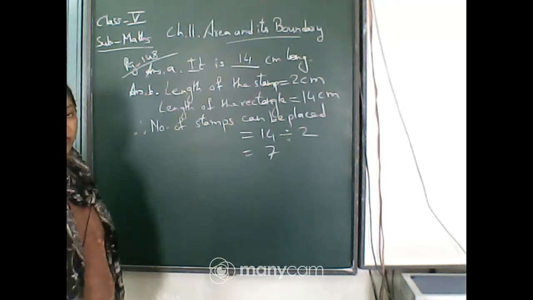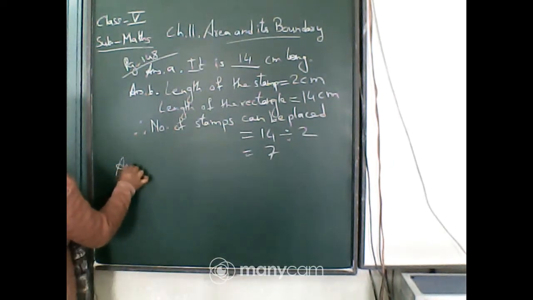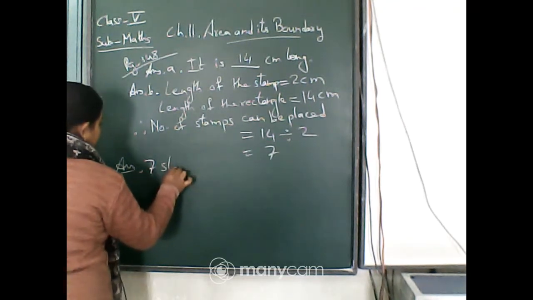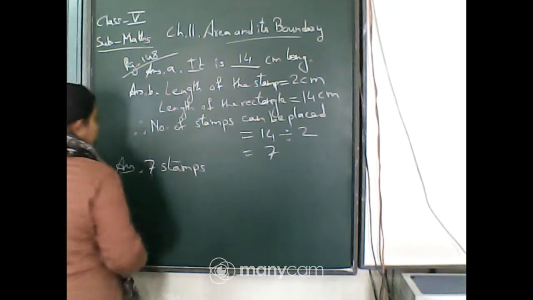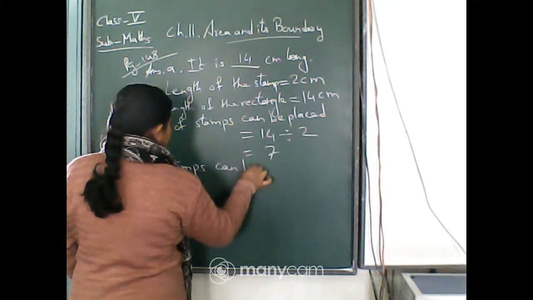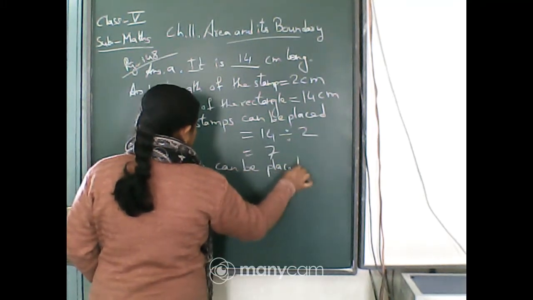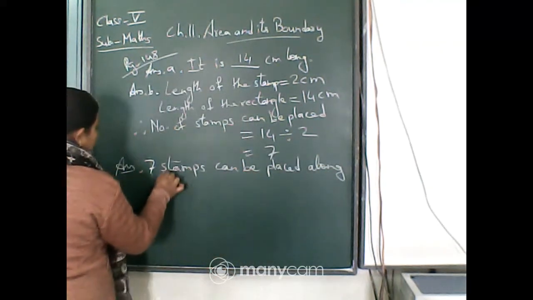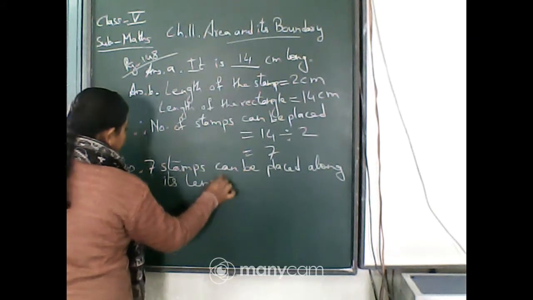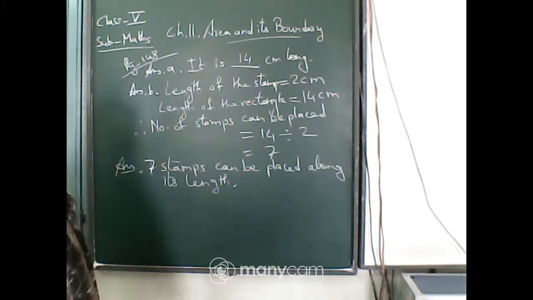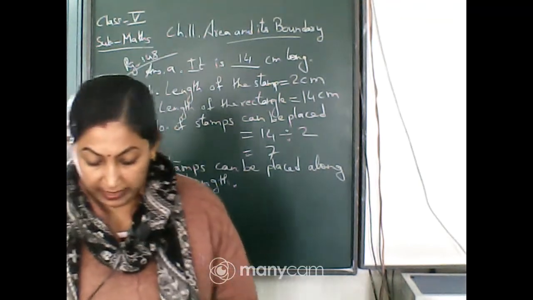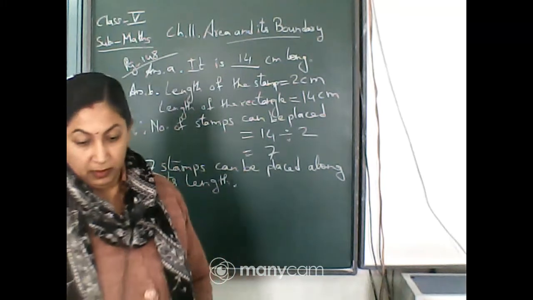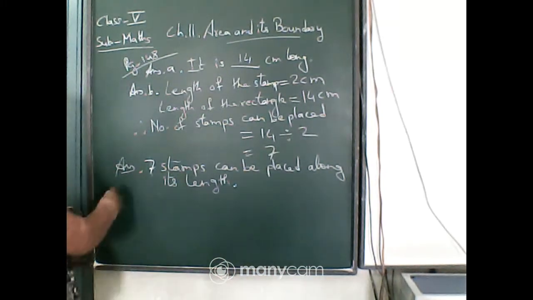So you will write the answer: 7 stamps can be placed along its length. This way we are getting 7.